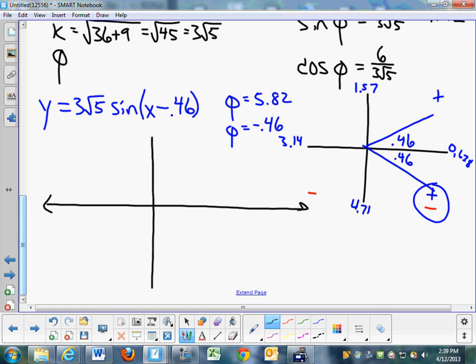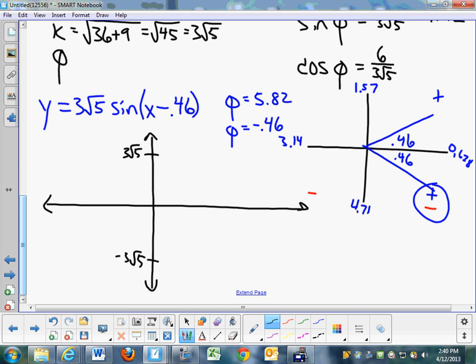So when I graph something like this, the nice thing is, what's your vertical shift? 0. You don't have a vertical shift. What is your amplitude? 3 square roots of 5. So we'll just put that mark up here, 3 square roots of 5. Vertical shift? No. You do have a horizontal shift here.